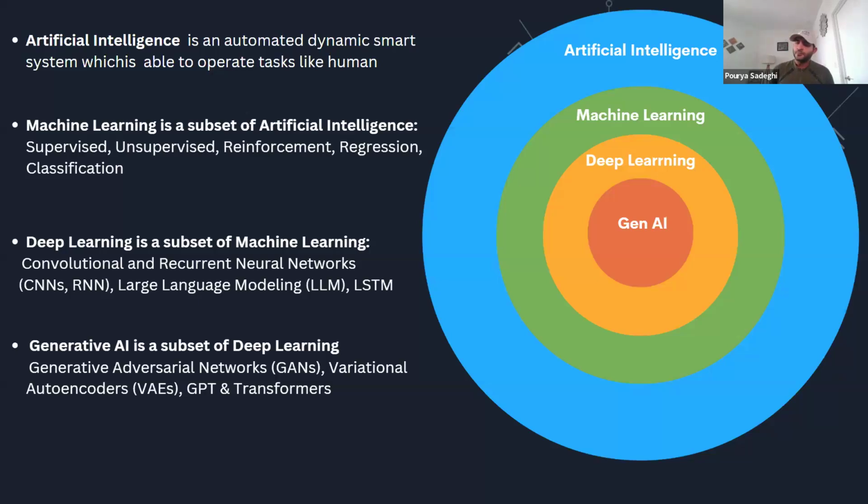And then deep learning is a subset of machine learning. There are different models that you might already be familiar with and work with, which are convolutional models and recurrent models, called CNNs and RNNs, and large language models. We have lots of examples of large language modeling.